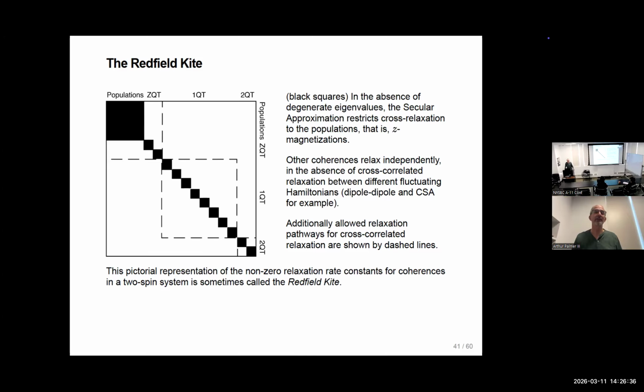So these are called relaxation interference effects or cross-correlated relaxation. But they're simple extensions of the theory. It's just that there's more terms to calculate.